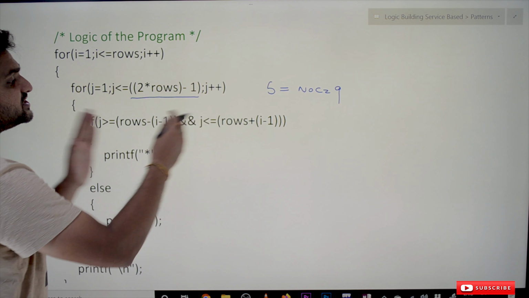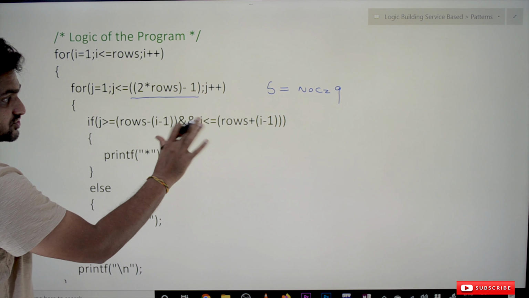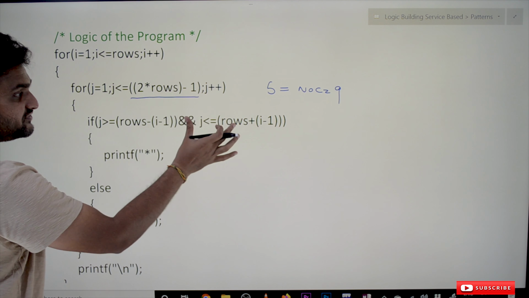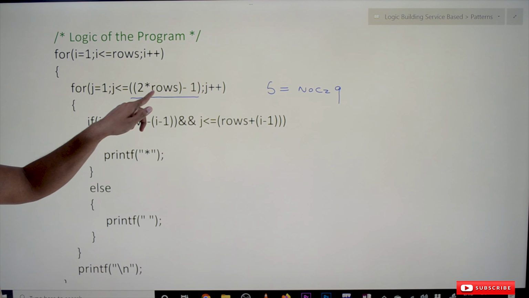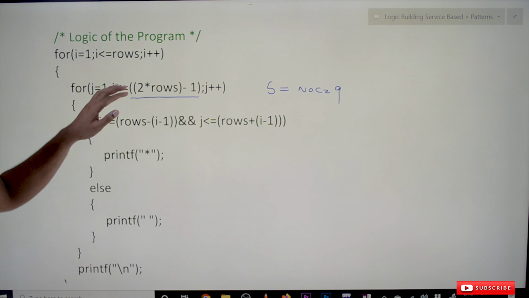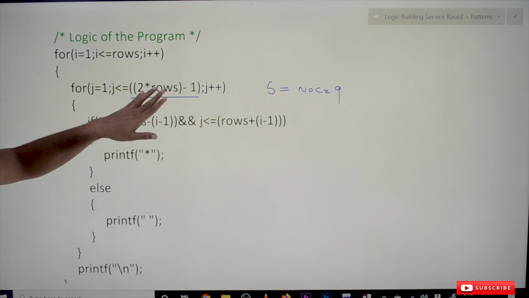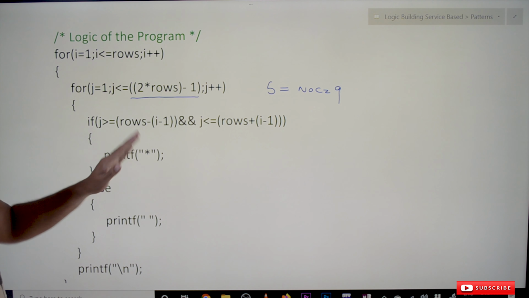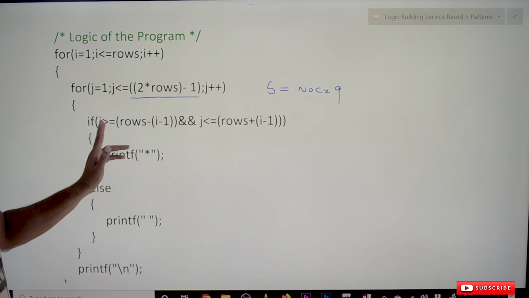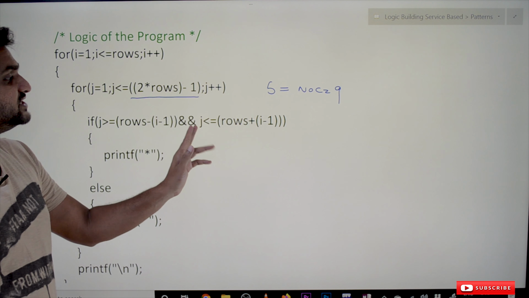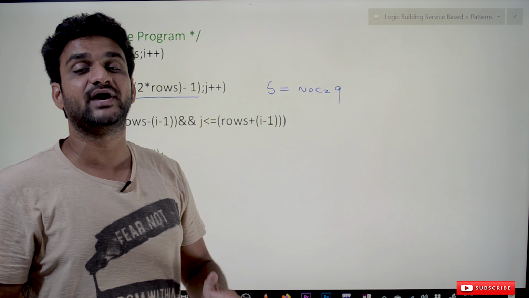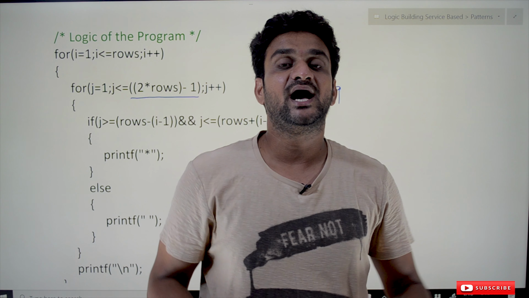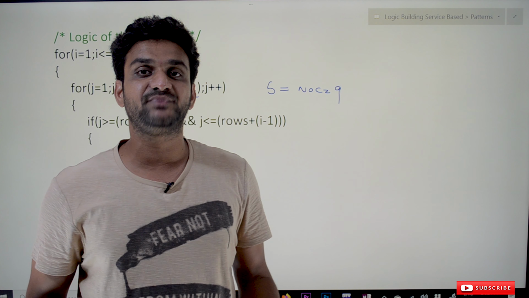If the value of j is between these two, based upon the number of rows given, this will get iterated, and in each and every iteration it is going to check whether the value of j lies between these two values. If the number lies between those two values, it is going to print star, otherwise it is going to print empty space.